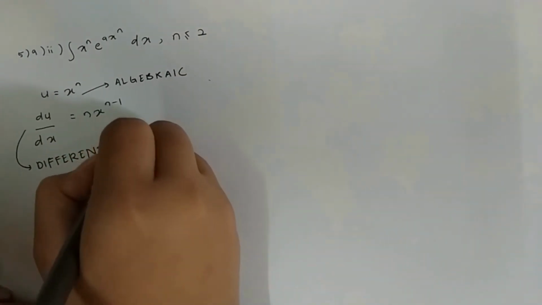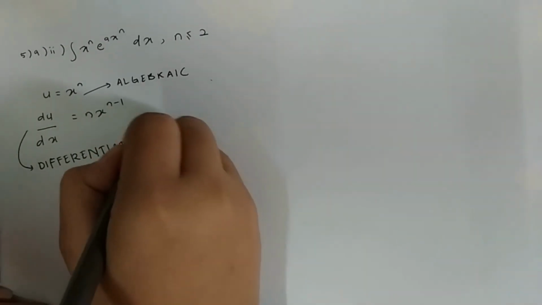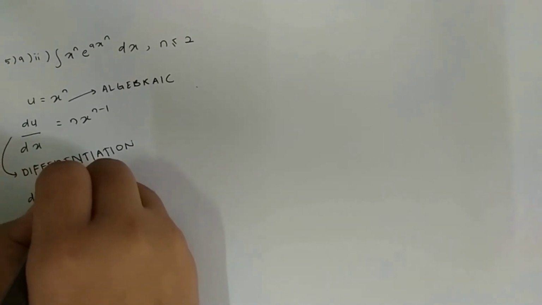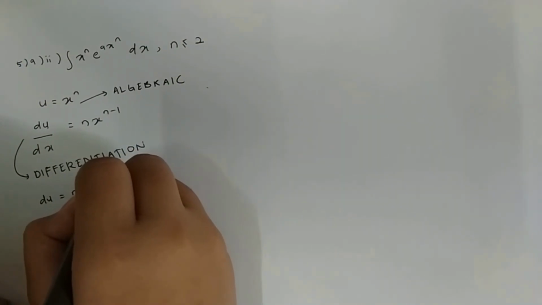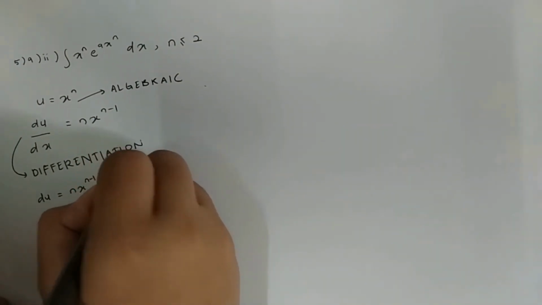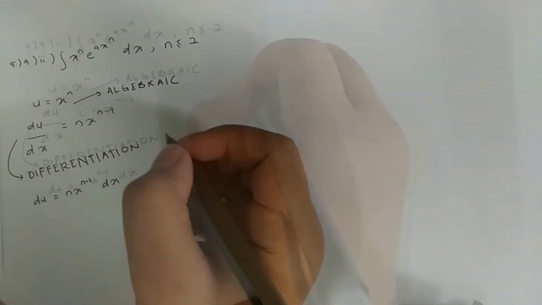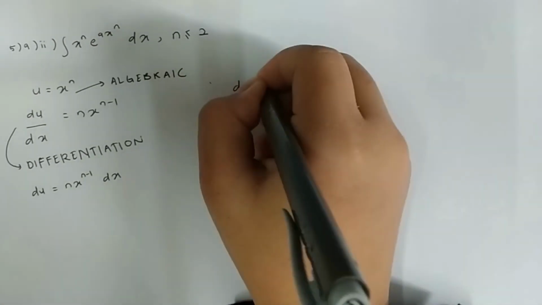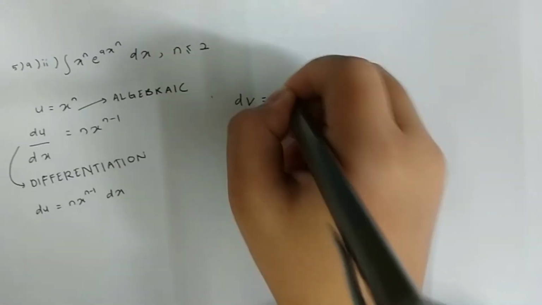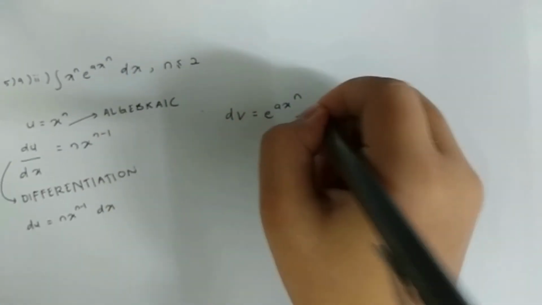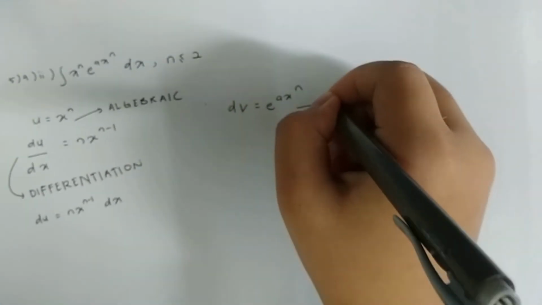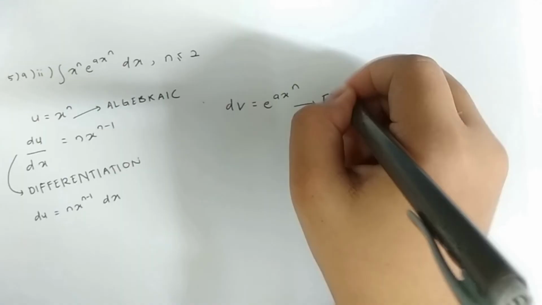Then you need to do the differentiation for u, and we will get n x to the power of n minus 1 dx. We need to leave du on the left side. For the dv, we will choose e to the power of a x to the power of n.